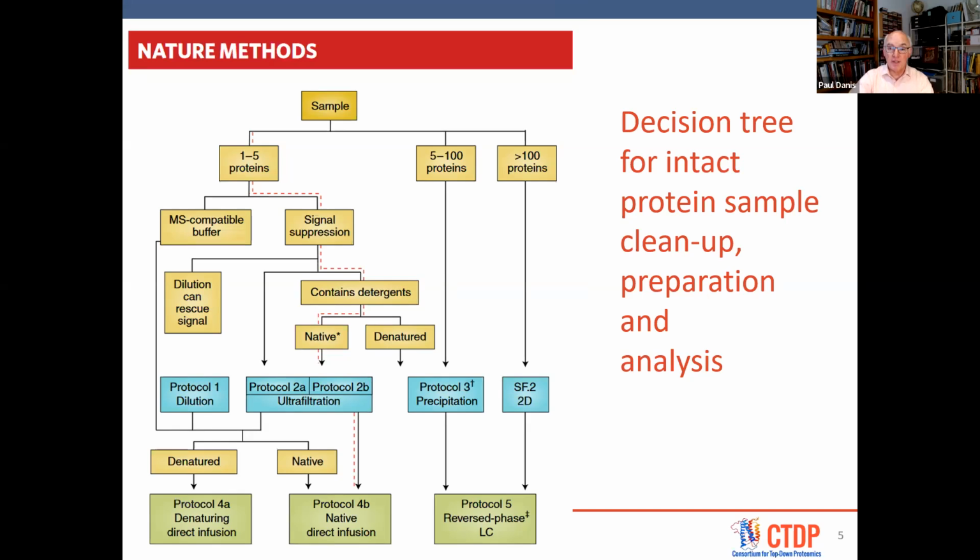If you're looking at native things that have certain detergents in them, that's a lot different than if you're looking at simple MS-compatible buffers and denatured samples. So you can take a look at that paper. There's a lot of really good information there. It's been validated across different laboratories, so these are more or less robust methods that you could go ahead and start with and optimize for your own systems.